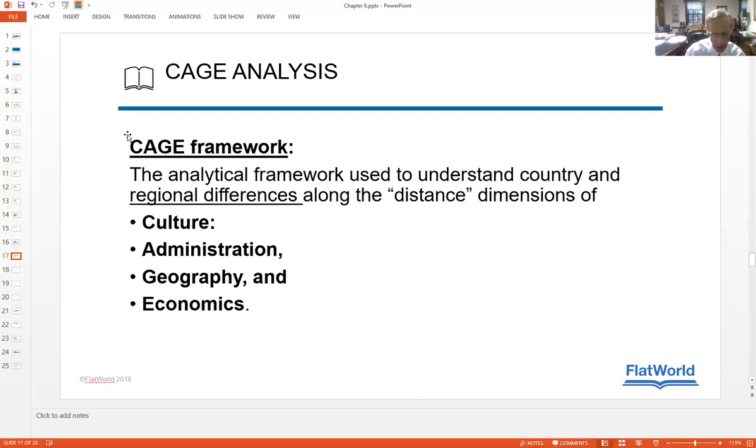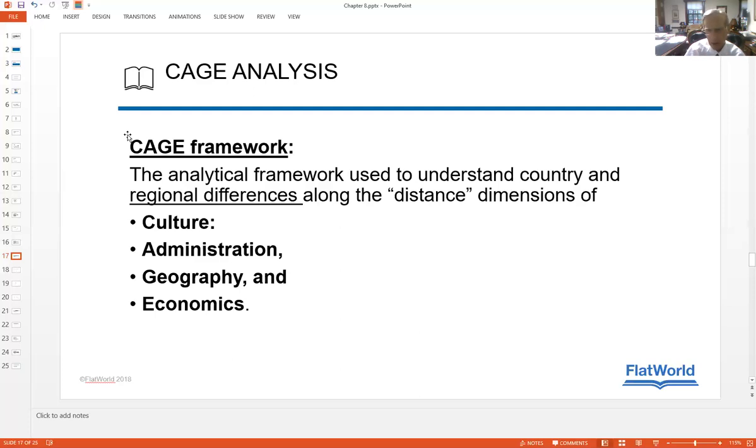And he came up with this CAGE acronym, which is short for Culture, Administration, Geography, and Economics. And he explains that these are the dimensions of differences between your home country and the country that you're thinking about entering.